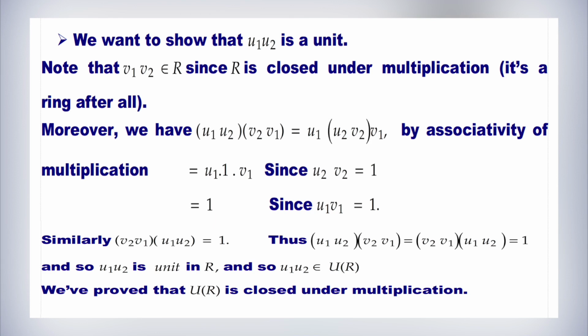Similarly, v2 v1 · u1 u2 = 1. Thus, u1 u2 · v2 v1 = v2 v1 · u1 u2 = 1, and so u1 u2 is a unit in R. Therefore, u1 u2 belongs to U(R).